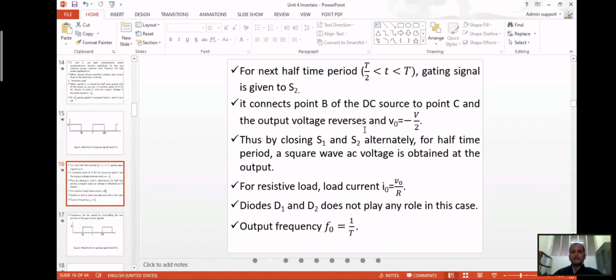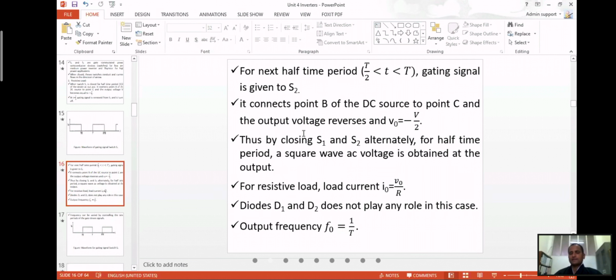Then the output voltage will be reversed, that is minus V by 2. S1 and S2 are closed alternately; they will not close at once, but connect alternately for half the time period.